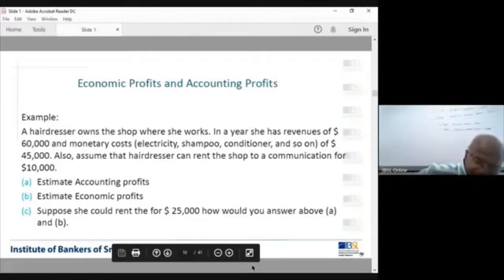So that's why this concept is important. This is a very good question. You can understand what accounting profit is, what economic profit is, what happens to economic profit if the opportunity cost changes, and how you change your conclusions accordingly. You can say, okay, don't run this business, rent it out to the communication center. Please try this and understand this.